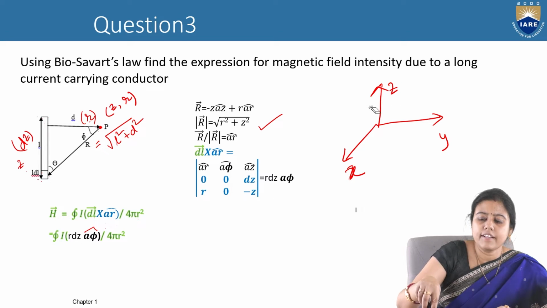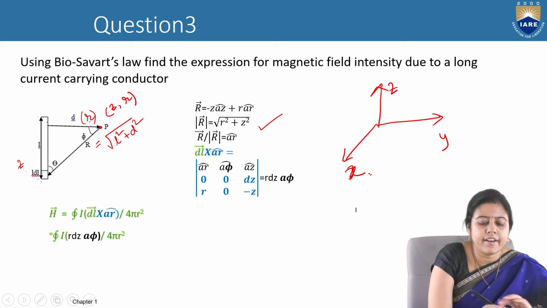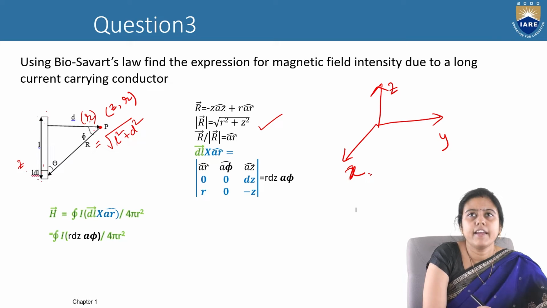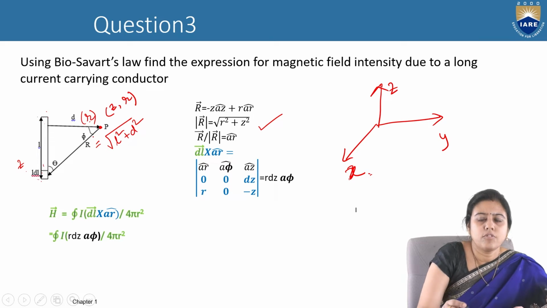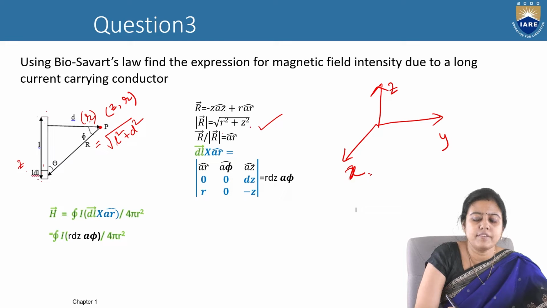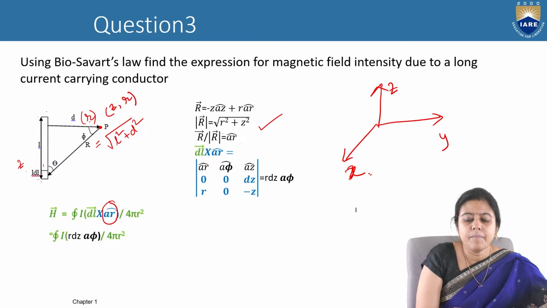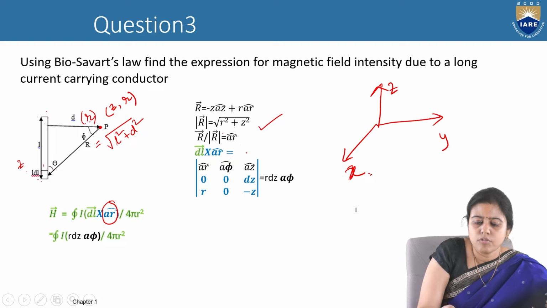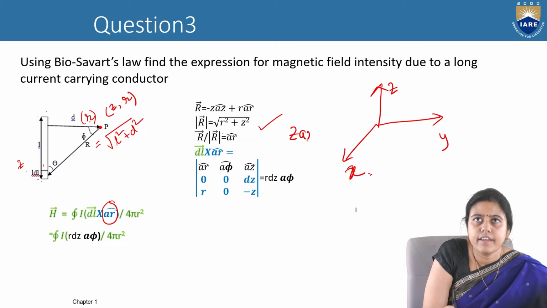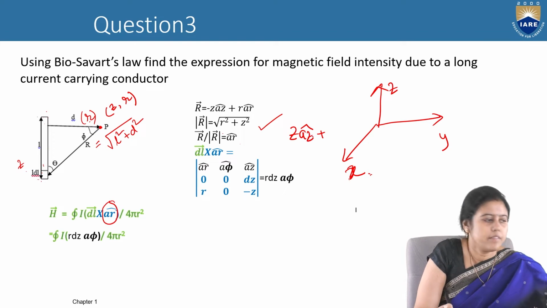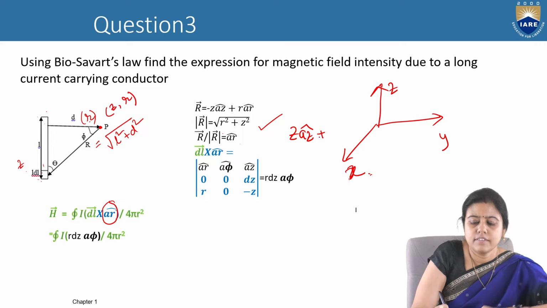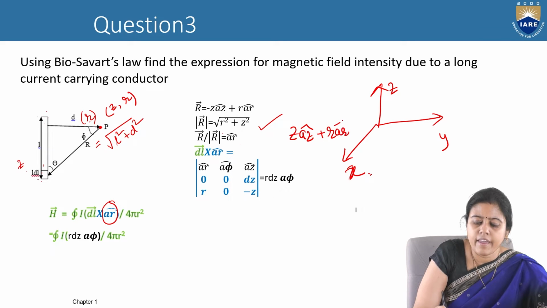So we can write this as z az plus r ar, and its magnitude is root of r square plus z square. What is aR then? Because we need the aR. aR is R by mod of R, so it is z az plus r ar divided by root of r square plus z square.